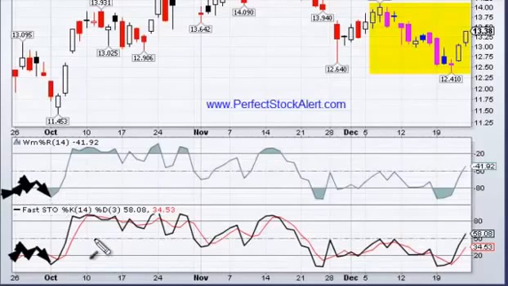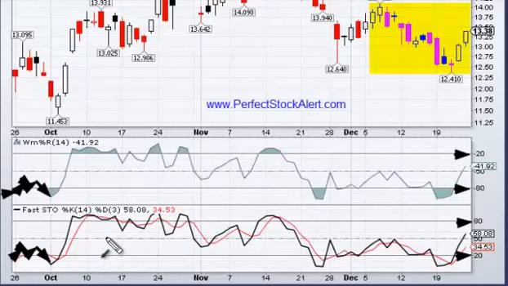The only difference is that the fast stochastic has a signal line, this percent D line, this red line, and you'll notice the numbers are different. It's got a positive 80 and a positive 20, and the Williams percent R is flipped with a negative 80 and a negative 20. But other than that, the identical information is being posted there.